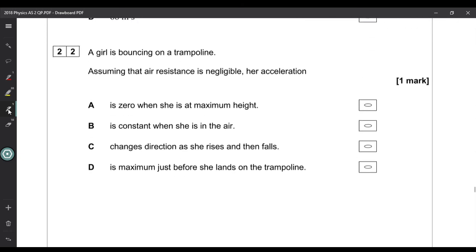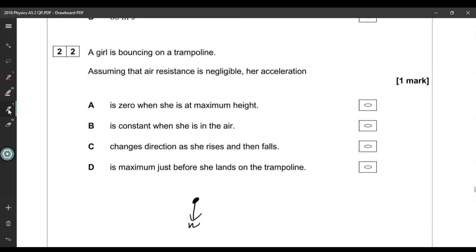So question 22 says a girl is bouncing on a trampoline. Assume that her resistance is negligible, her acceleration, and we're given various options. So if we think about the girl, her weight is always going to be the same, and it's acting downwards.